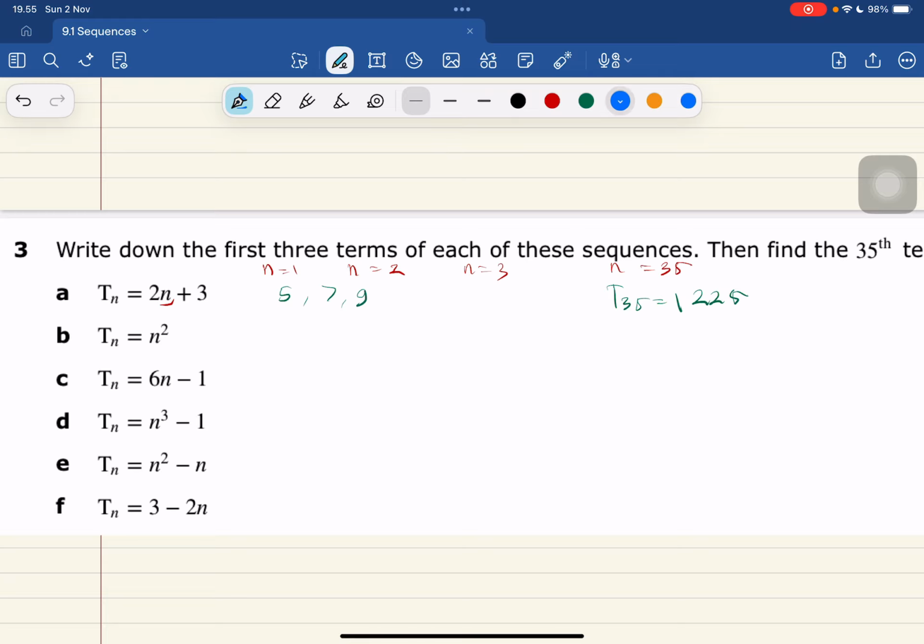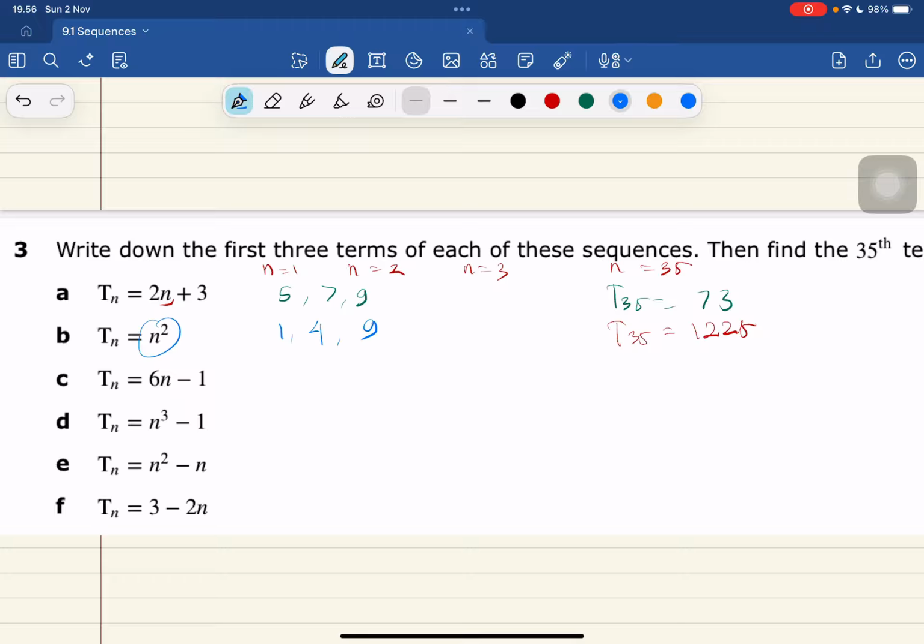Sorry, it has to be 73. Next, n squared. So starting 1 and then 4, 9. So t35 is 35 squared, which is 1225.